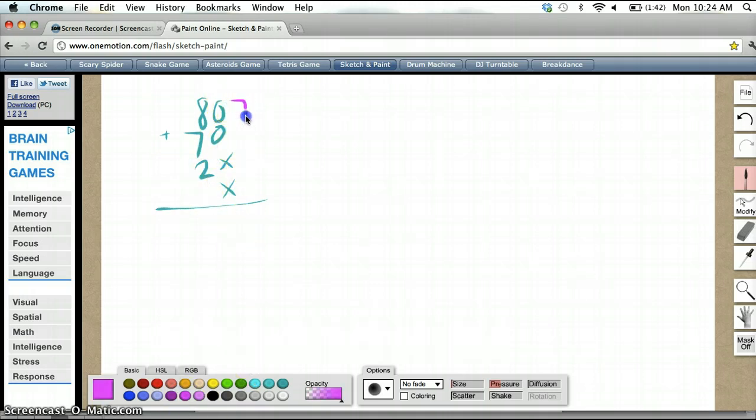So here we're going to combine 80 and 70, and that equals 150. So 150 plus, and then you're going to add your numbers with your variables. So your two numbers with your variables are 2x and x. So imagine your x having an imaginary 1 here. That's going to give you 3x. So plus 3x equals 360 degrees.